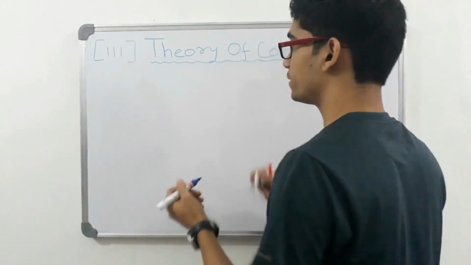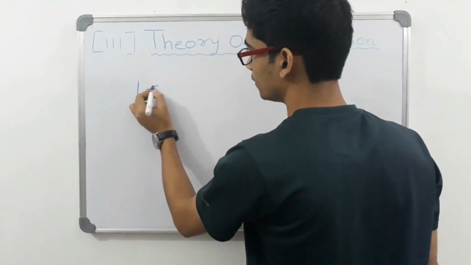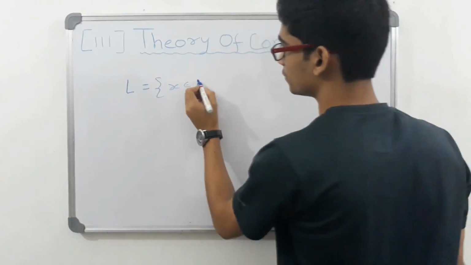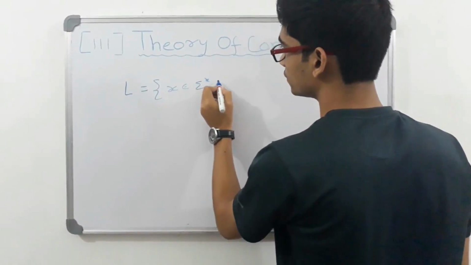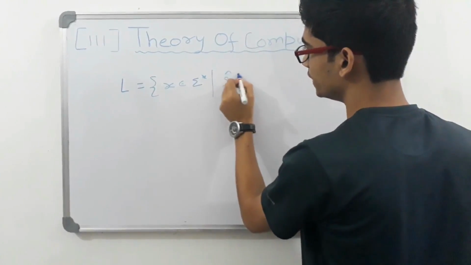So let me write one point about the notion of acceptance. L, x belongs to sigma star, then delta hat.